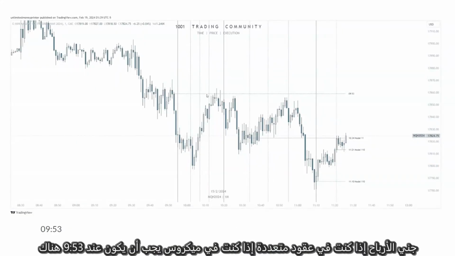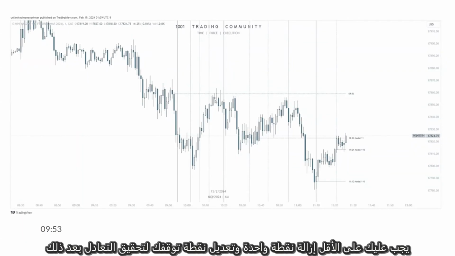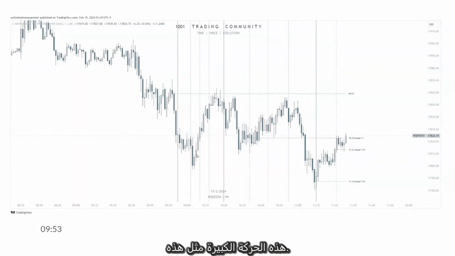Take profit if you're in multiple contracts, if you're in micros, should be at 953. Thereafter, you can use standard deviation targets for -2, -2.5, etc. But at 953, you need to be at least taking one contract off and adjusting your stop to break even after a large move like this.